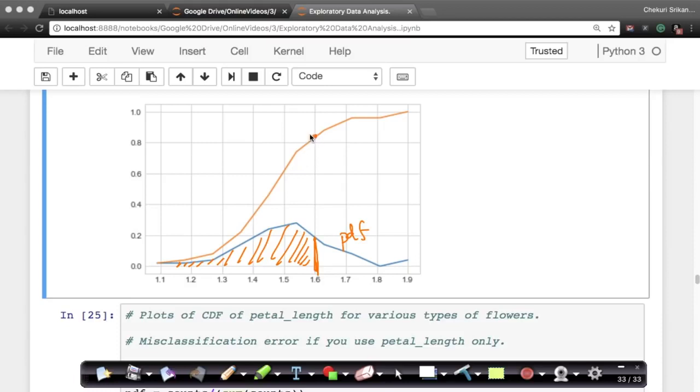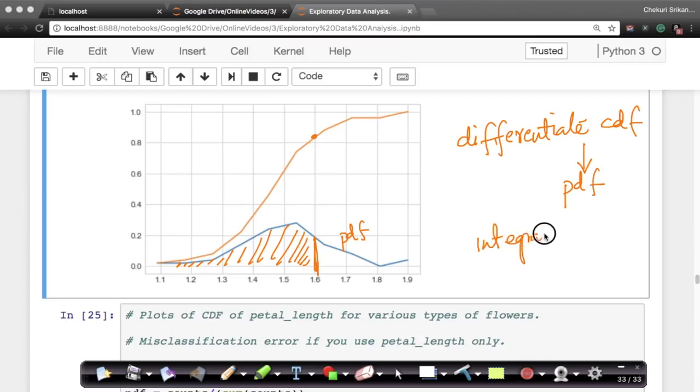That's what your CDF is, right? So if you differentiate your CDF, you get your PDF. And if you do integration on your PDF, you get your CDF.